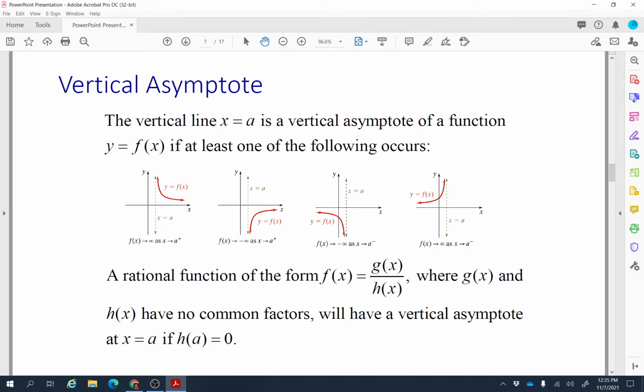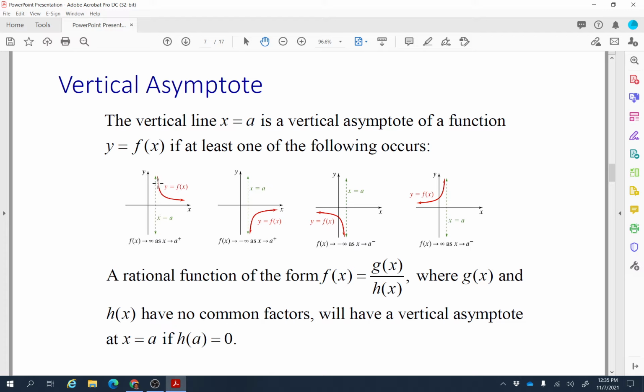Now vertical asymptote. The line x equal to a is a vertical asymptote of the function y equal f of x if at least one of the following happens. Look at the graph.